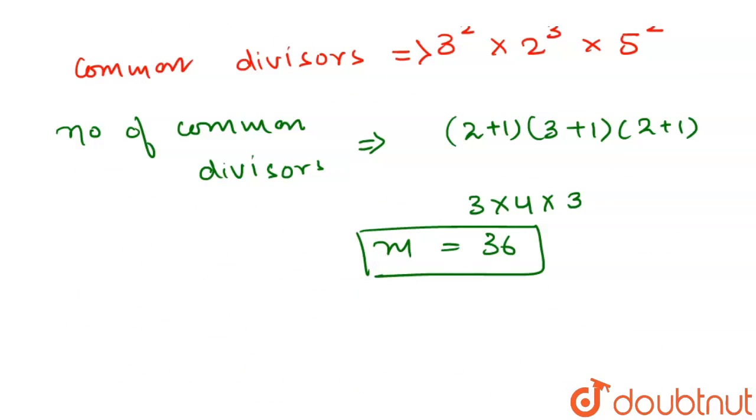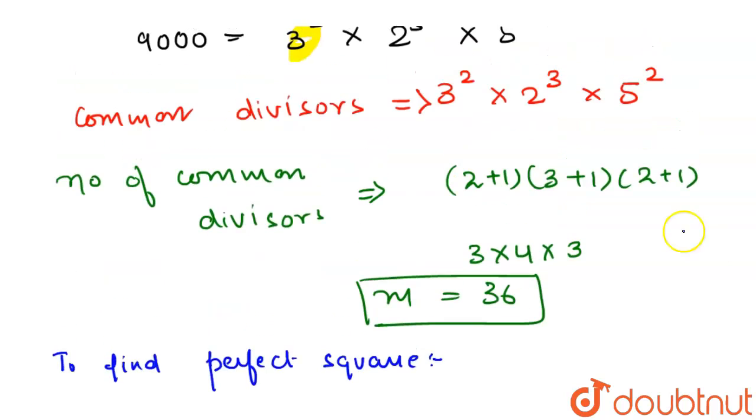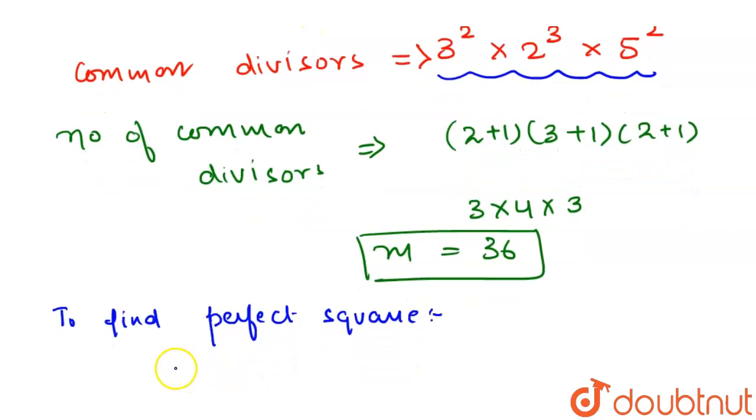So to find a perfect square, we have a concept. We will write here: to find a perfect square. Now the total outcomes are these, right? So we will write here 3 to the power 2, 2 to the power 3 and 5 to the power 2.